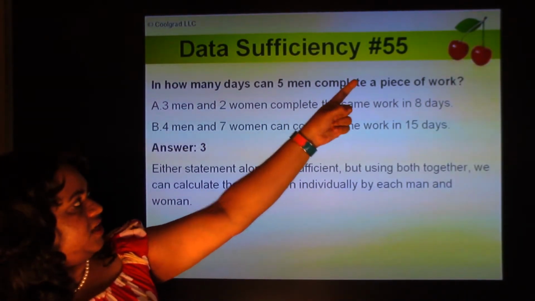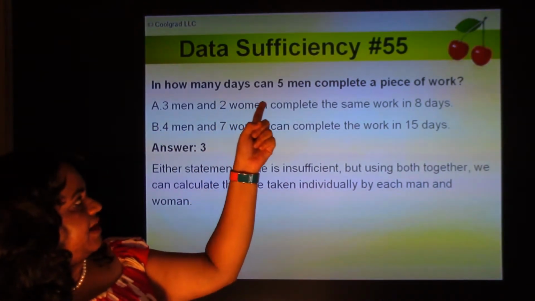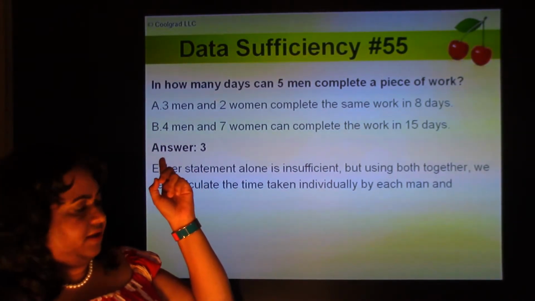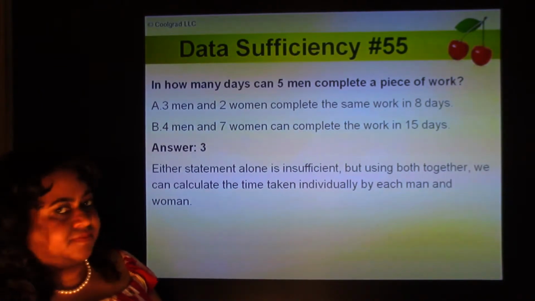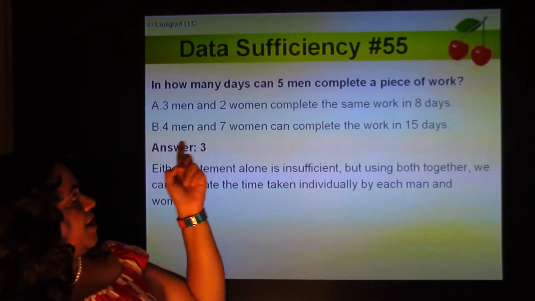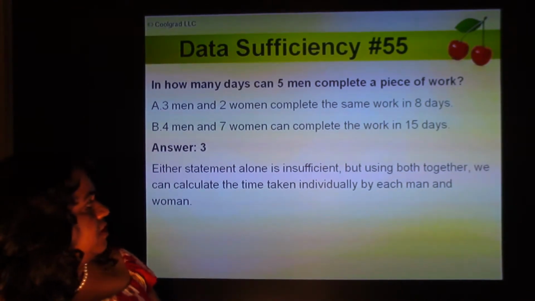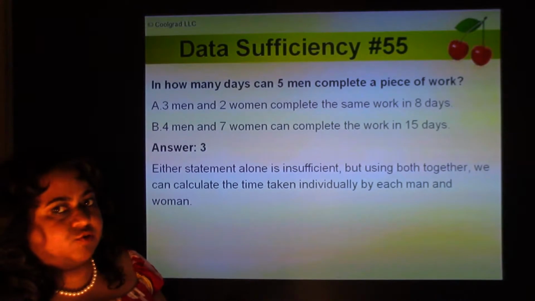So data sufficiency question 55. In how many days can 5 men complete a piece of work? Statement A. 3 men and 2 women complete the same work in 8 days. Statement B. 4 men and 3 women complete the work in 15 days. So either statement alone is insufficient, right? You have 2 unknowns.